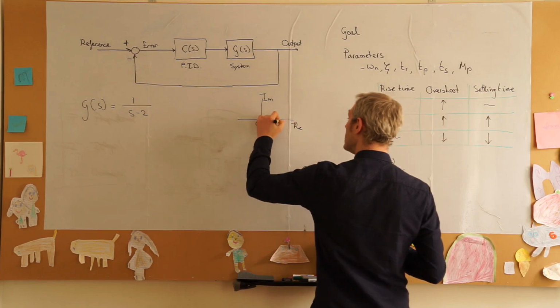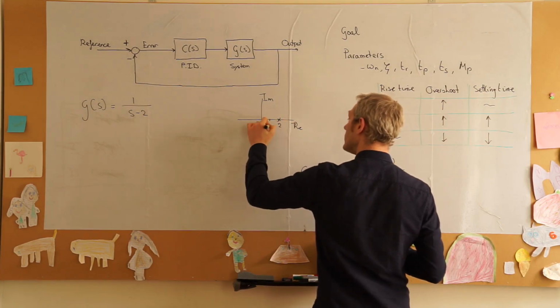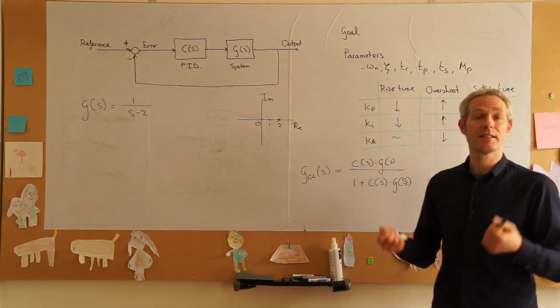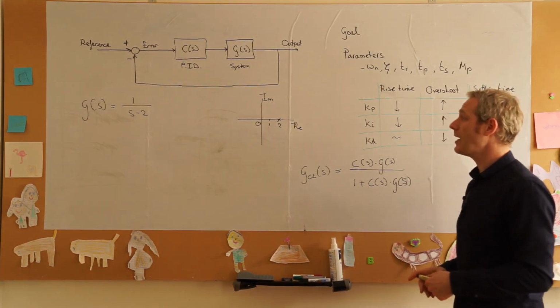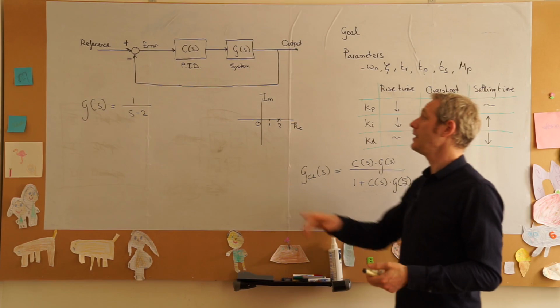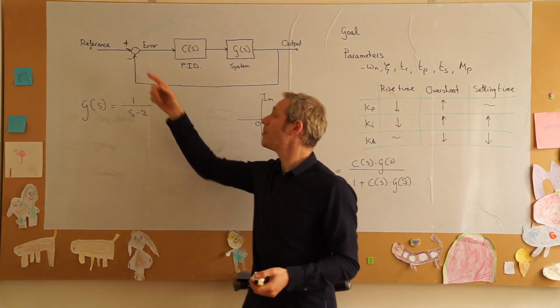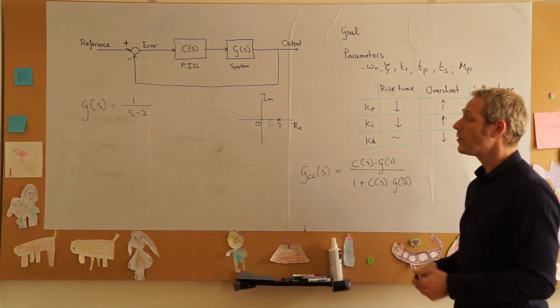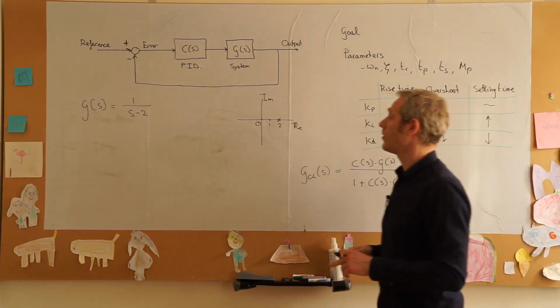It lies at 2. Now, because this pole is in the right half plane, this system is not stable. It needs a controller for us to even attempt to apply a reference and hope that the output will follow it. So we will try a PID controller.